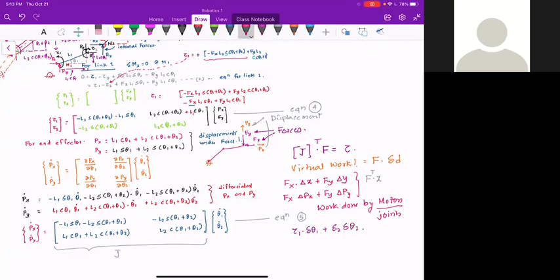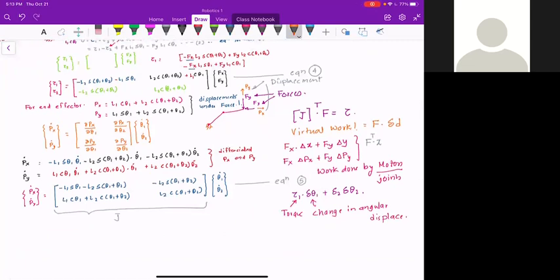So this is the torque, and this is the small change in the angular displacement. So this equation can now be written as tau transpose multiplied by delta theta.